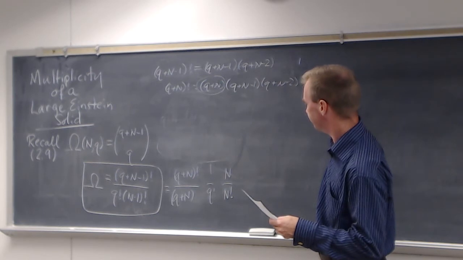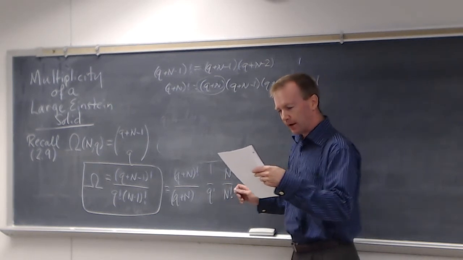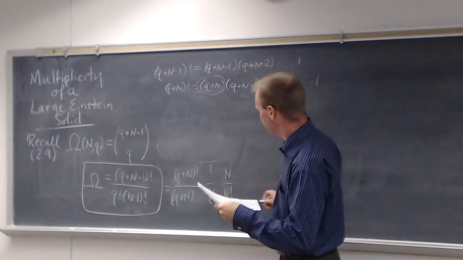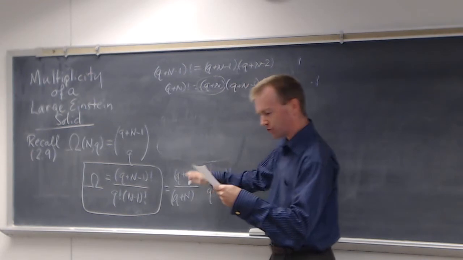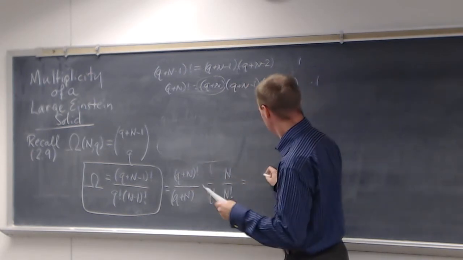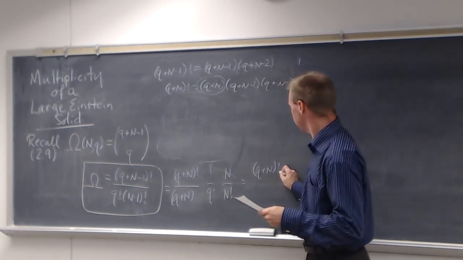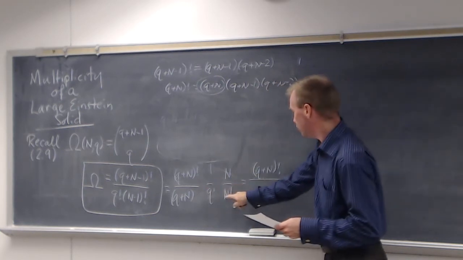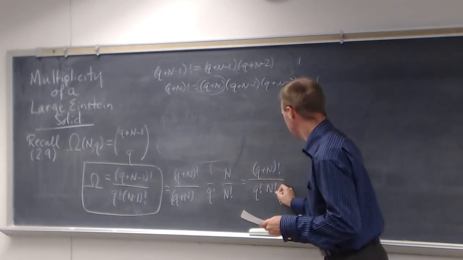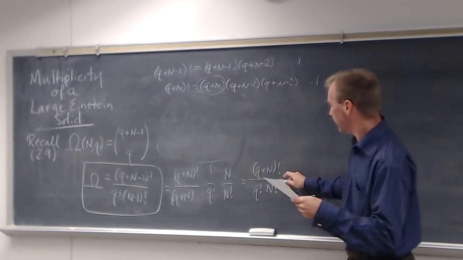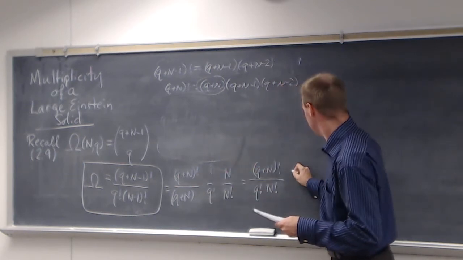There we go. Okay, and work that out for yourself. Now, what I have is, let me rearrange these so all the factorials are in the first term. So I have q plus n factorial over q factorial n factorial times n over q plus n.